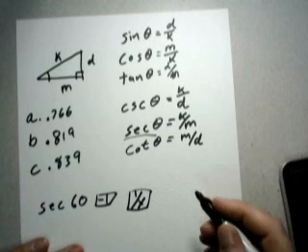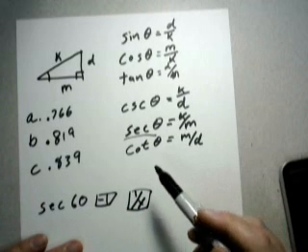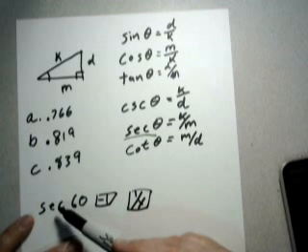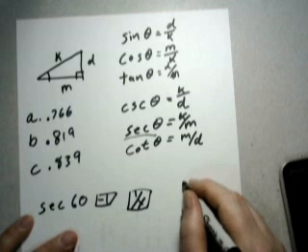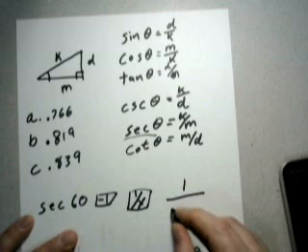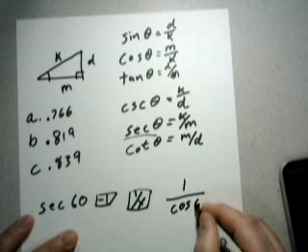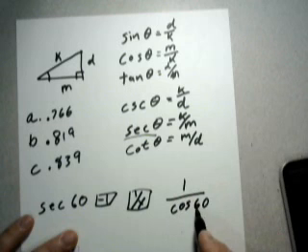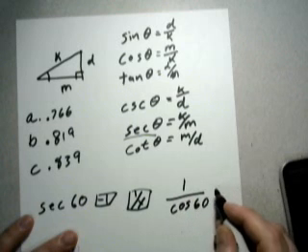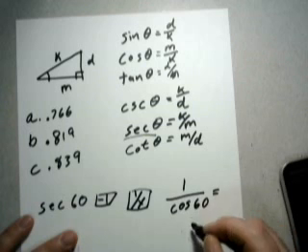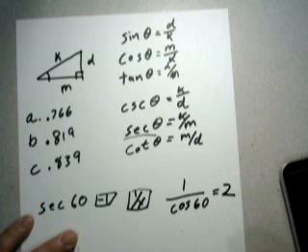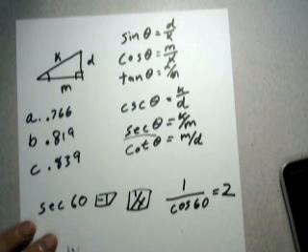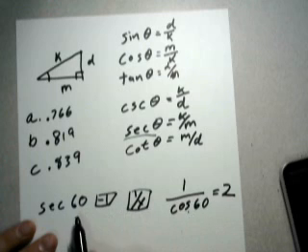Another way to do it, which I would think would be a better way to do it, would be to understand that secant is the inverse of cosine. So what I'm going to do is I'm going to write 1 over cosine of 60. This is the way I would do it right here. And that is equal to cosine is 1/2, 2. So this to me is a little bit of a better way to do it. It seems to make more sense doing it this way.